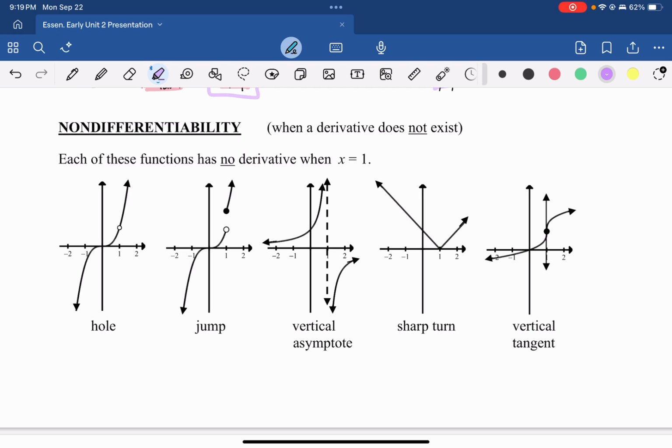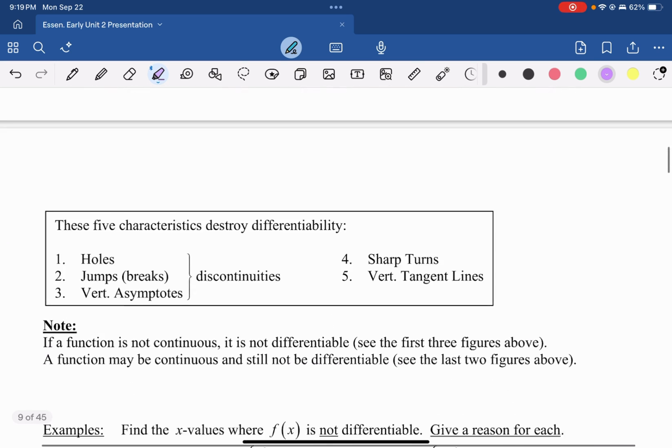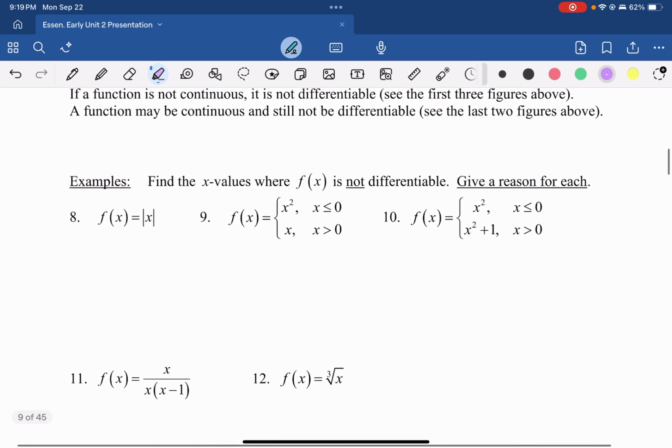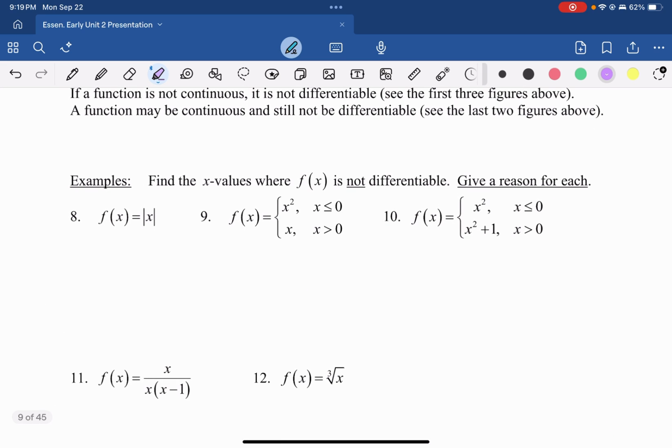If a function is not continuous, it is not differentiable. So that's my first 3. A function may be continuous and still not be differentiable, which is my last 2. So we're going to look at a couple examples and find the x values where f of x is not differentiable and give a reason for each.